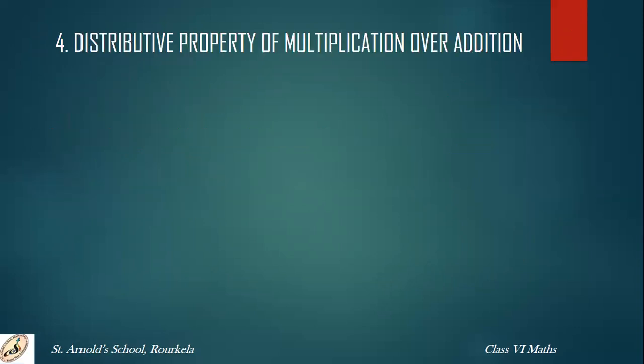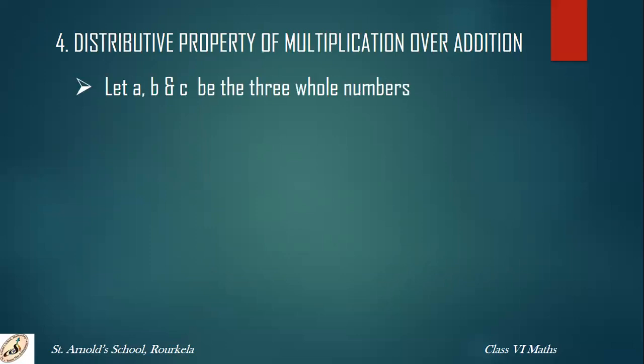Moving on to the next property, that is distributive property of multiplication over addition. Let A, B, and C be the three whole numbers.